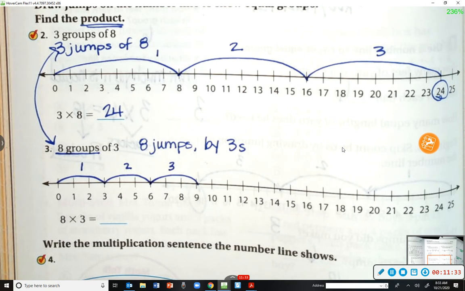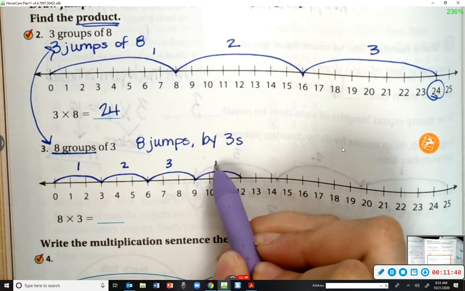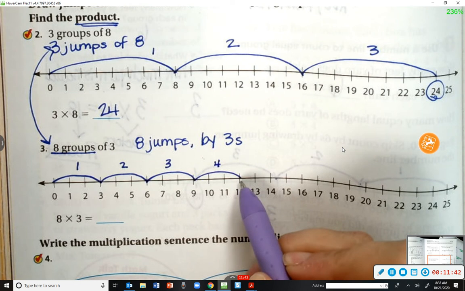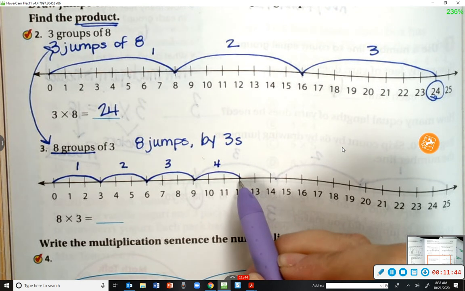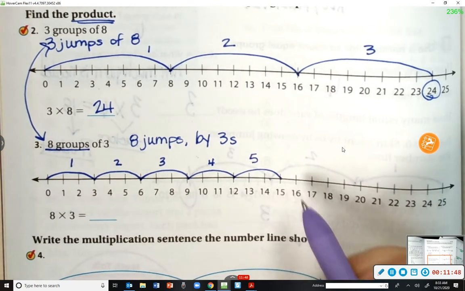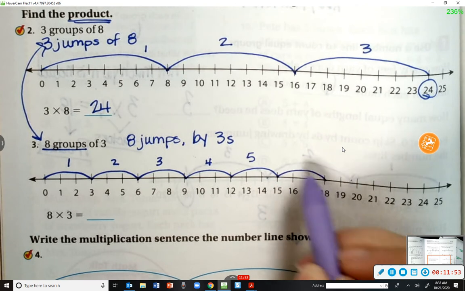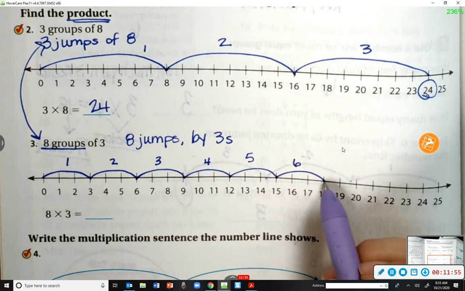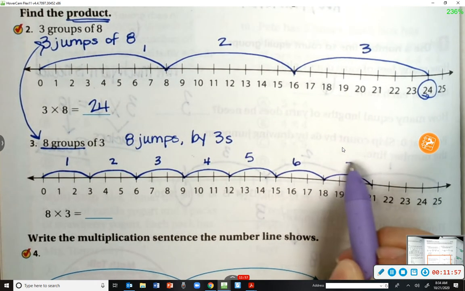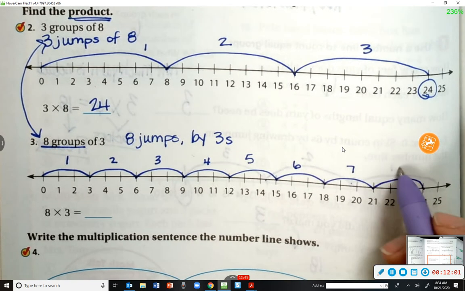At 12. And then from 12, I would go to what number next? 15, that's 5 jumps. 15 to 18. 21, good. And last jump lands at 24.